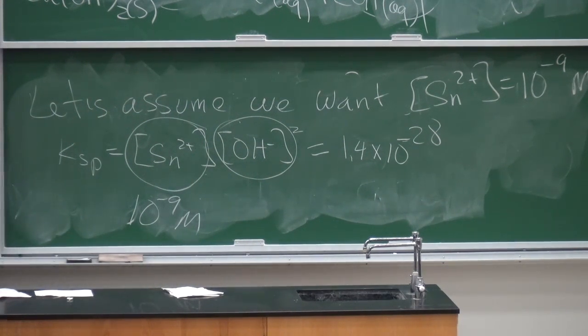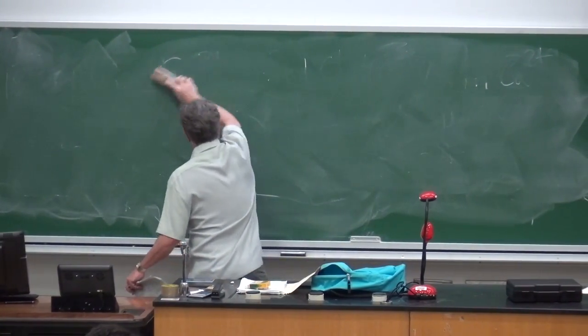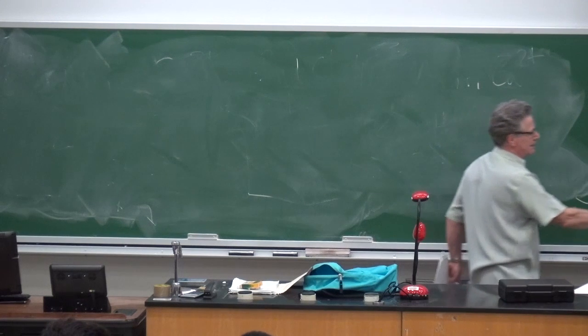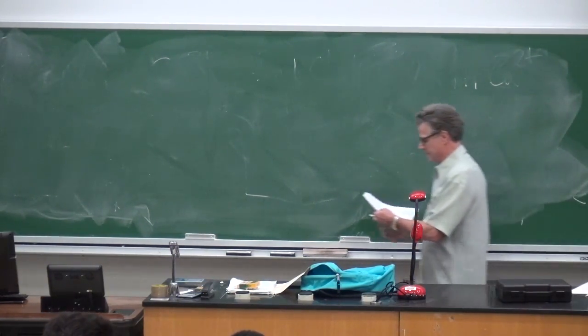So I said I want to drop the tin concentration to 10 to the minus 9. Just like in the last example I worked, same idea. I'll plug that 10 to the minus 9 in, and I'll solve for hydroxide.